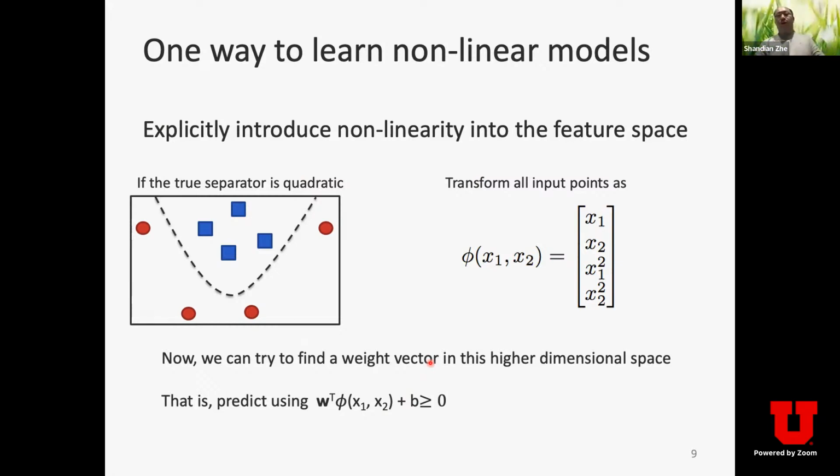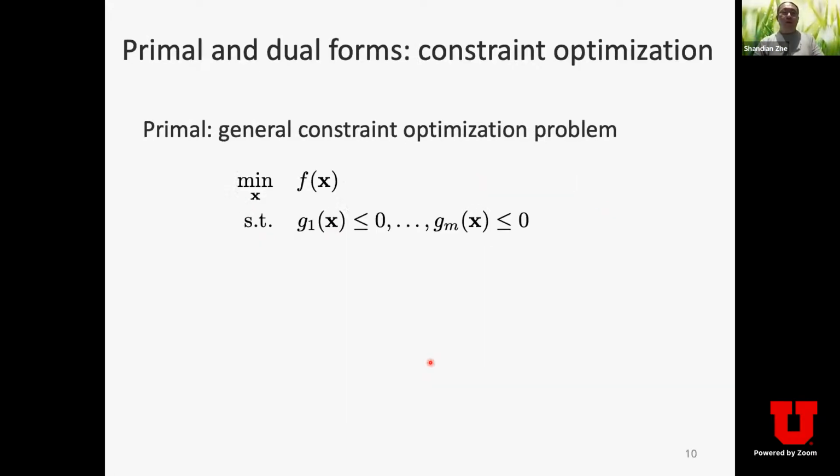But later we're going to talk about a more general trick, which is called the kernel trick. Before we do that, we need to know the dual form of the SVM objective function. Primal form and dual form are basic terms in optimization theory. Again, we're not going to go very deep into optimization theory.